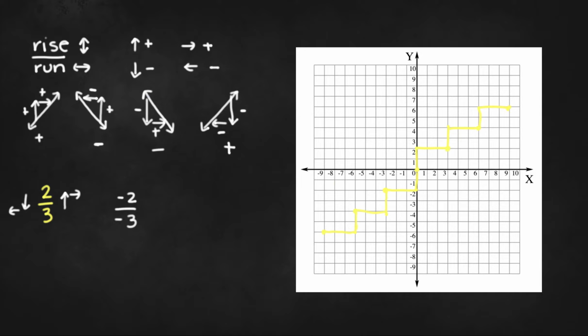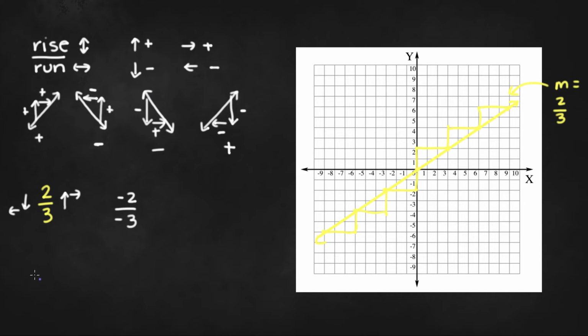Once we connect the points, we end up with a line that has a slope of 2/3.